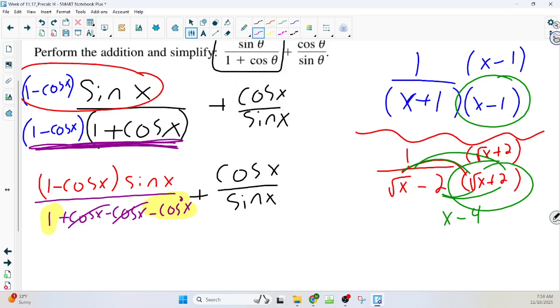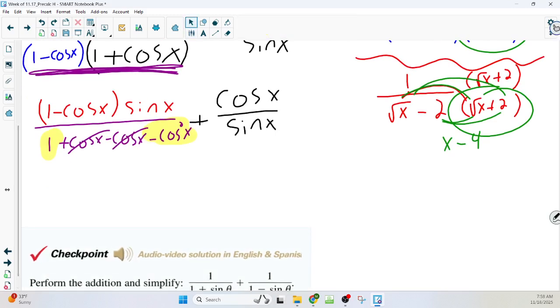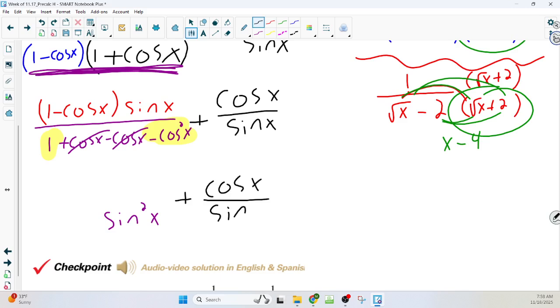Now what you'll notice is that we now have sine squared of x on the bottom. Over here we have cosine of x over sine of x.